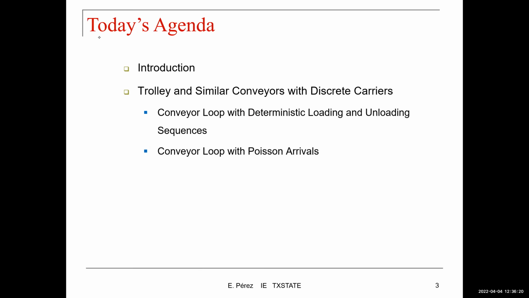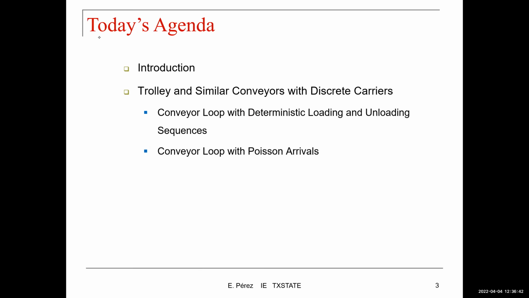And within the loop, you have different stations, and you are able to load this carrier, and you can unload that carrier in each one of these stations. So designing for the capacity for these carriers based on the number of stations that you have in your area.